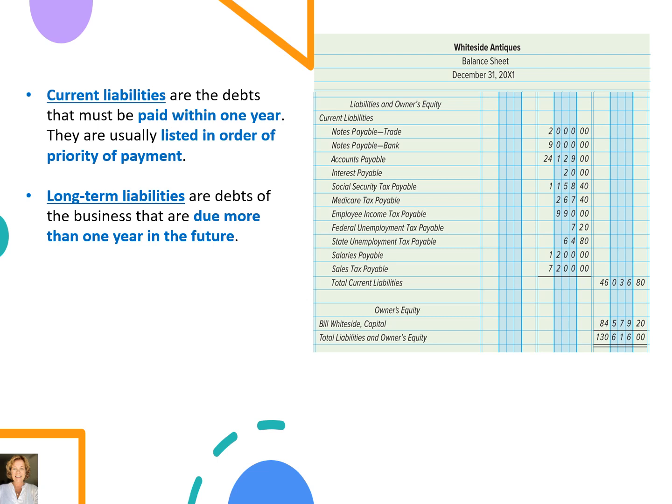Long-term liabilities are debts of the business that are due more than 1 year in the future. Although repayment of long-term liabilities might not be due for several years, management must make sure that periodic interest is paid promptly. Long-term liabilities include mortgages, notes payable, and loans payable.